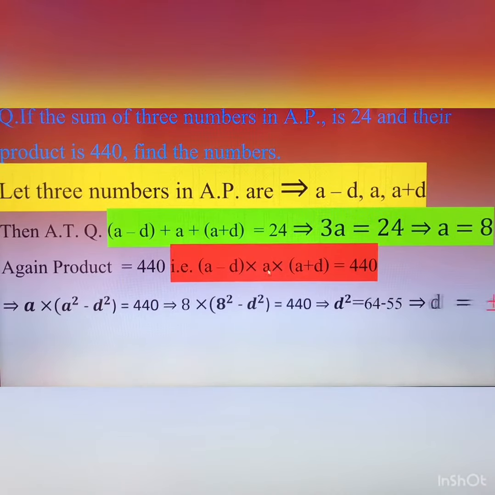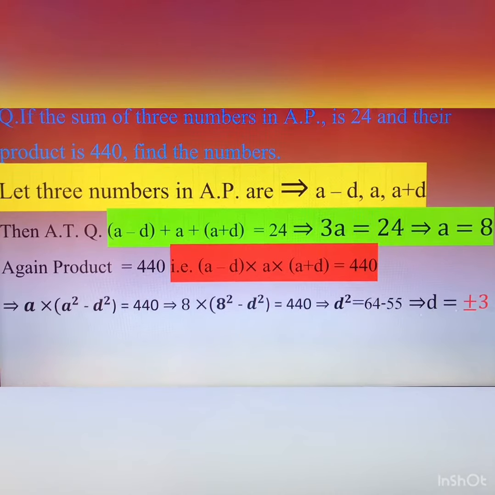So the product of a minus d and a plus d is a square minus d square using the identity, equal to 440, and the value of a is 8, so you substitute the value of a, that is 8 square minus d square equals 440. Now d square equals 64 minus 55. On simplifying we will get d equal to plus minus 3.